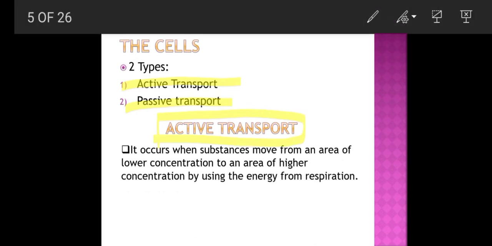Active transport is a type of transport which occurs when substances move from an area of lower concentration to an area of higher concentration, and for this movement energy is required that comes from respiration.